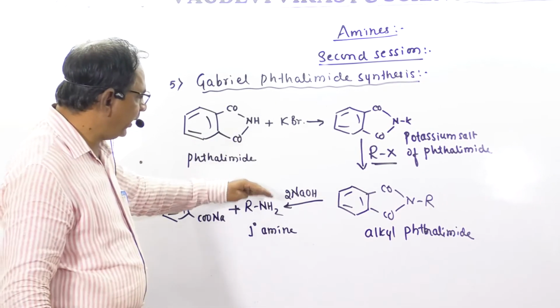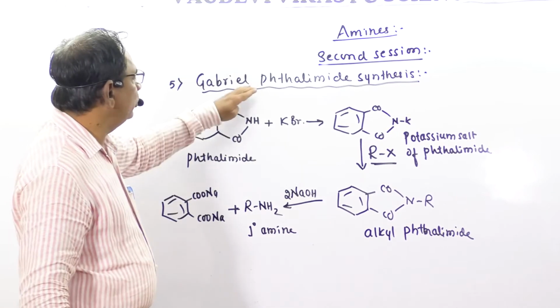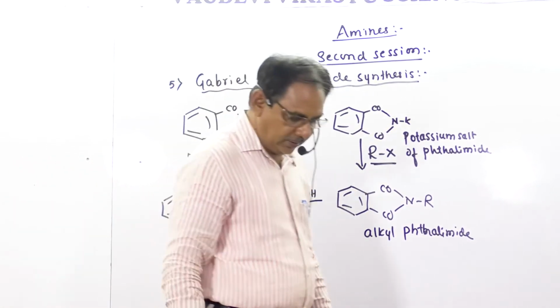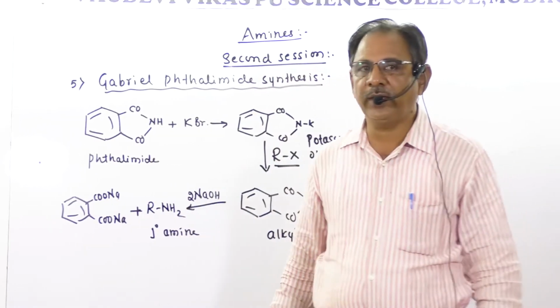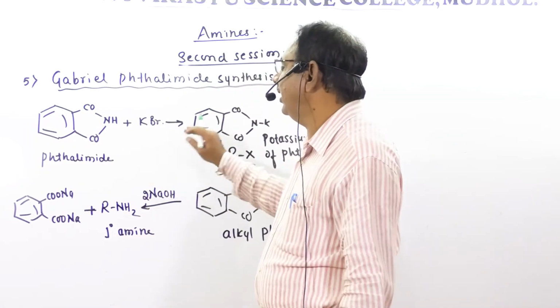So this primary amine is prepared by Gabriel phthalimide synthesis. This method is used to prepare only aliphatic primary amines.